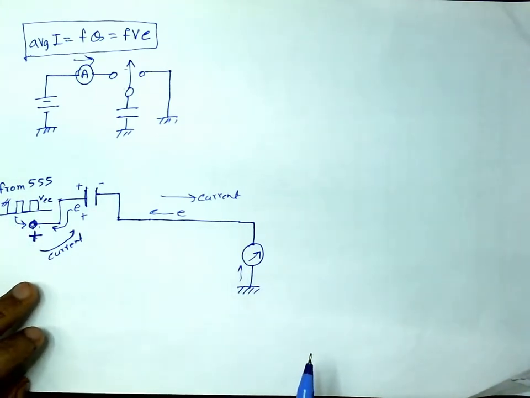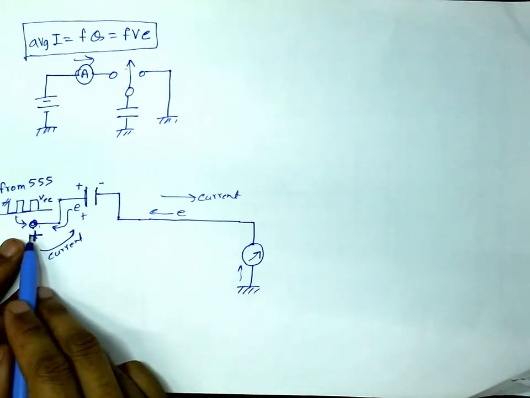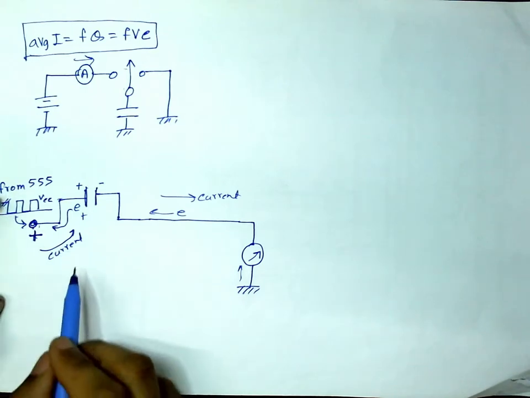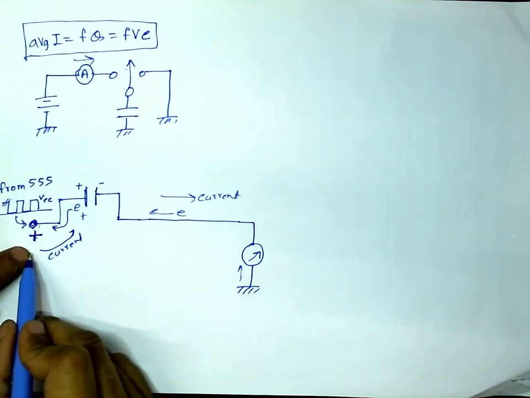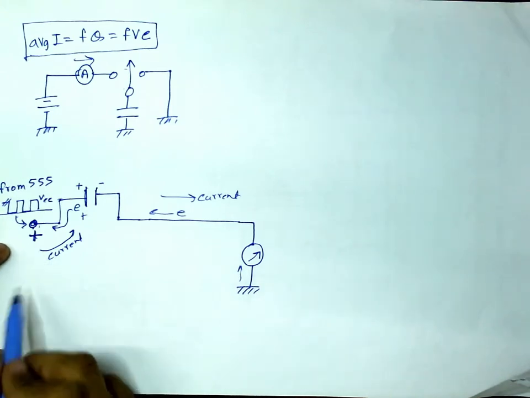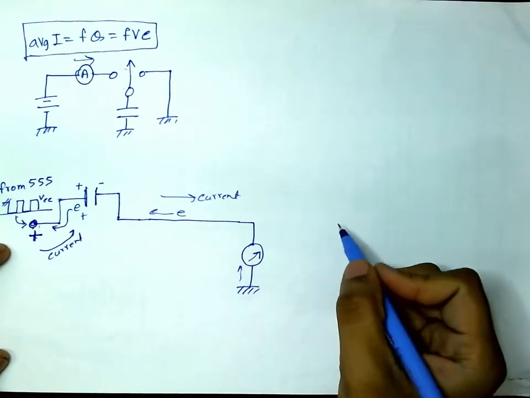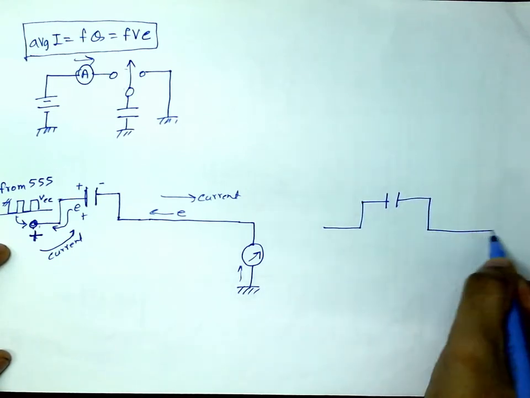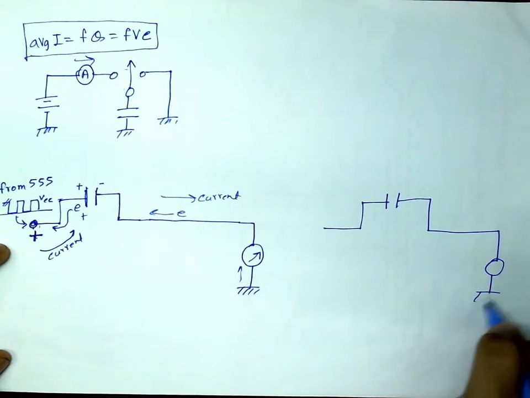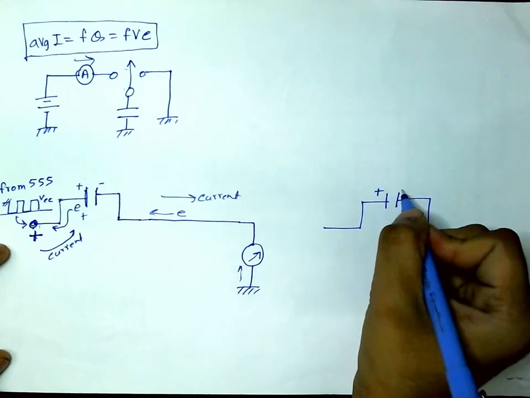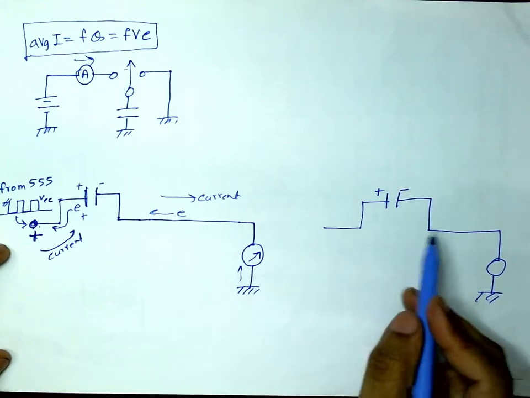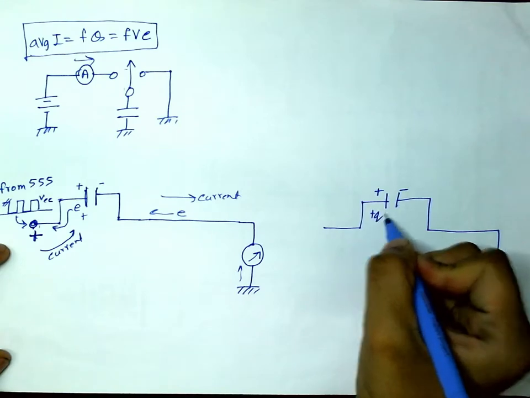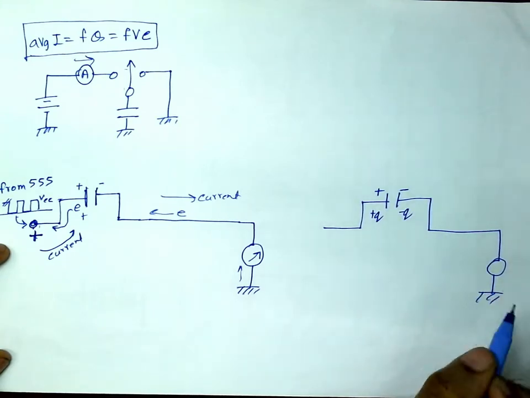Now this is what happens when this is positive. Then after that, if I make it 0, let me redraw without any harm. So now it is already charged, with this side having plus q positive charge, this side having minus q.